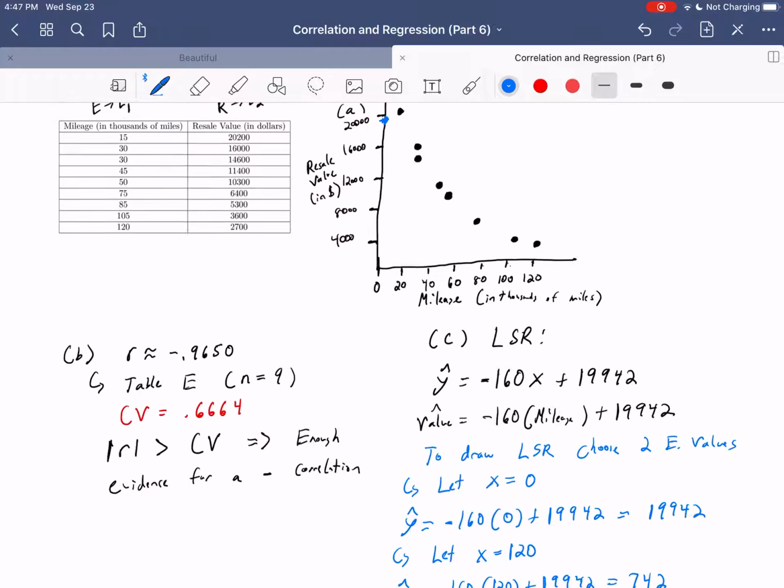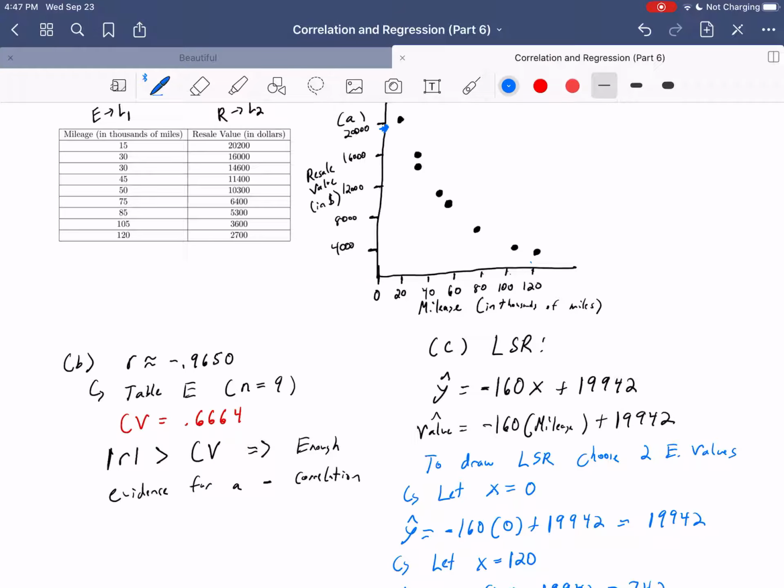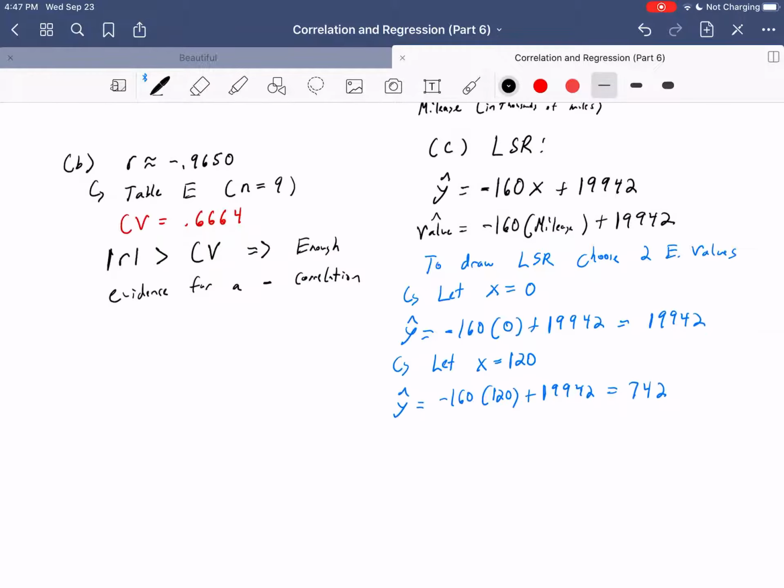So if we plot that on here, it should be very, very small somewhere down here. So if we draw our connecting line, it looks like it should look something like that. So there we go. Notice it does generally seem to fit the data, right? Some points are above it, some points are below it. So again, that LSR that the calculator is generating for us really does fit the overall pattern of the data.